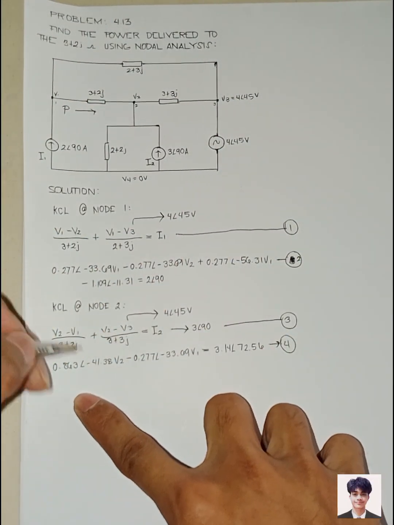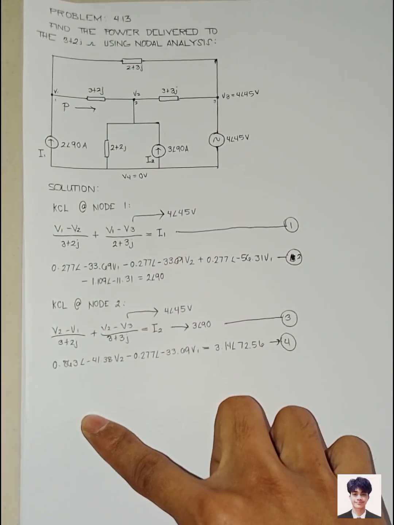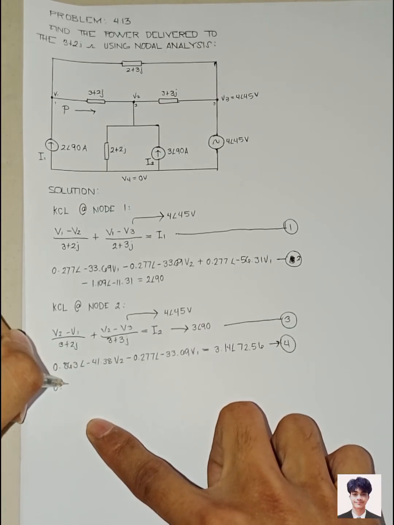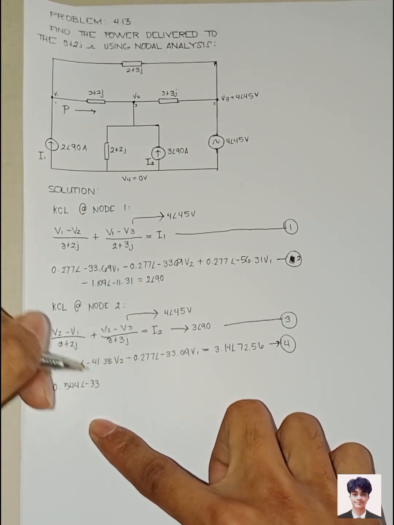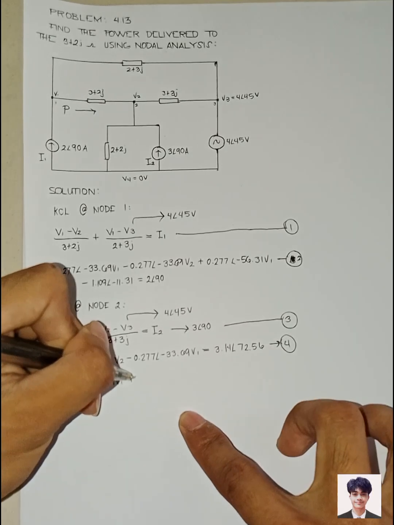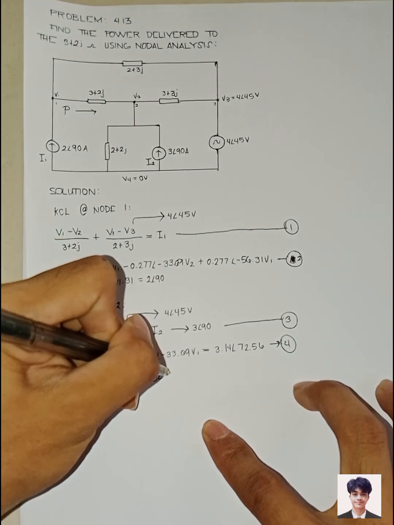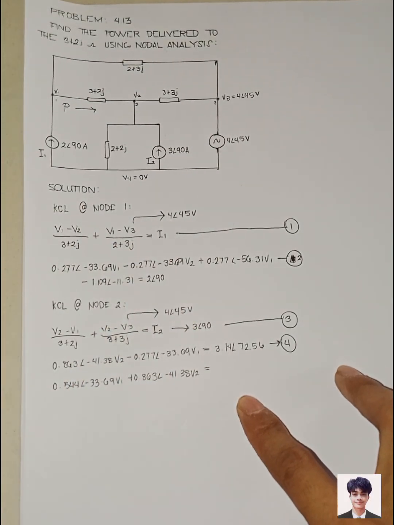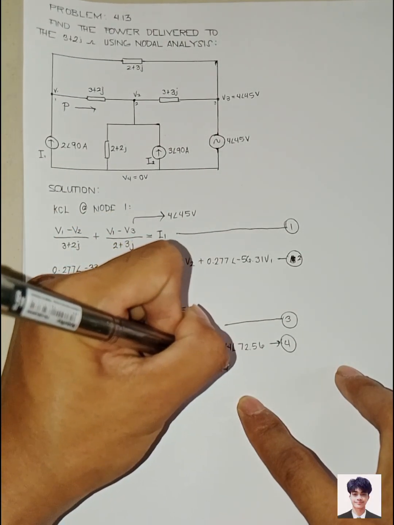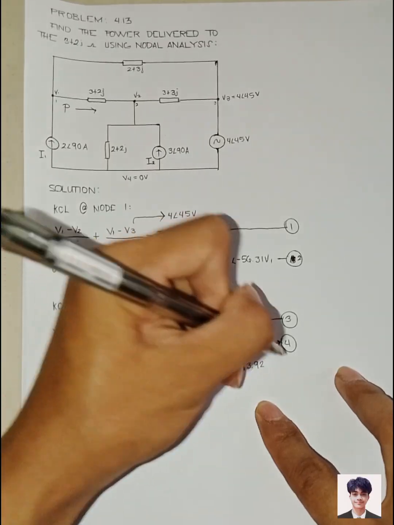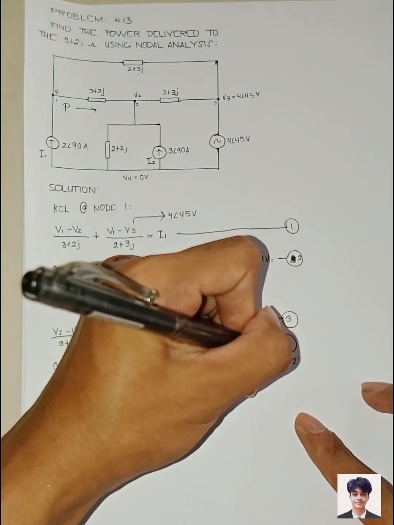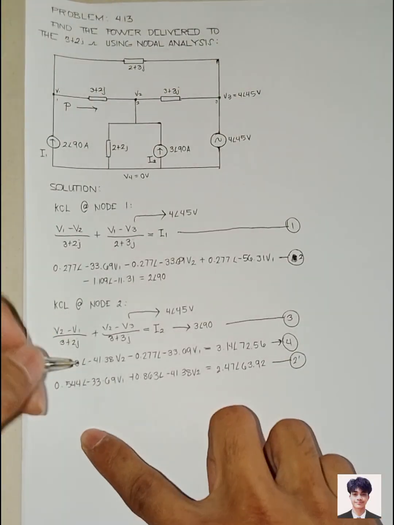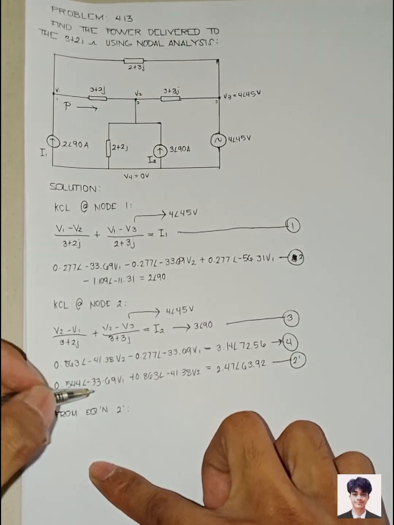So now we are going to simplify equation 2, and it becomes 0.544 angle of negative 33.69 V1 plus 0.863 angle of negative 41.38 V2 is equal to 2.47 angle of 63.92. This becomes equation 2 prime. From this equation 2 prime, we are going to find V1.